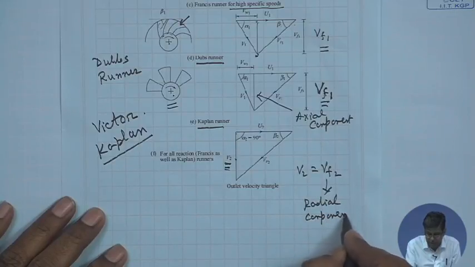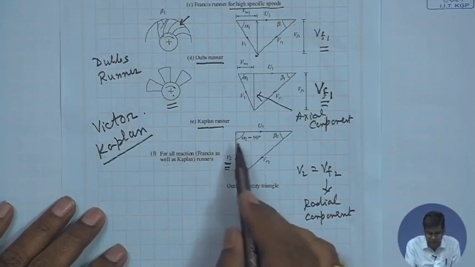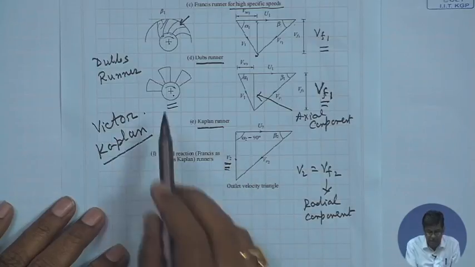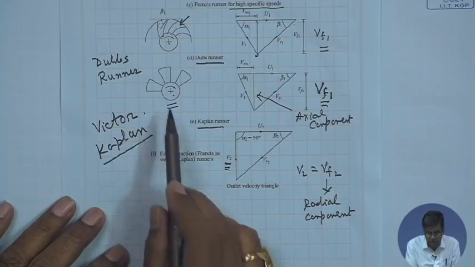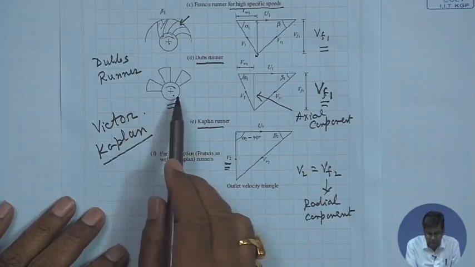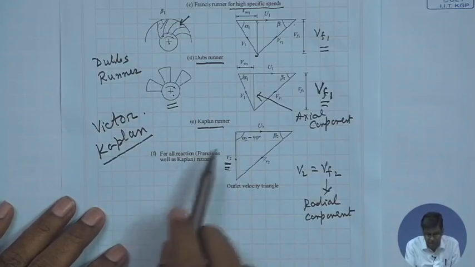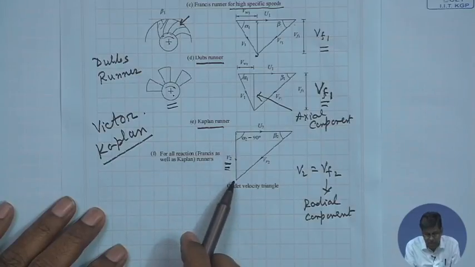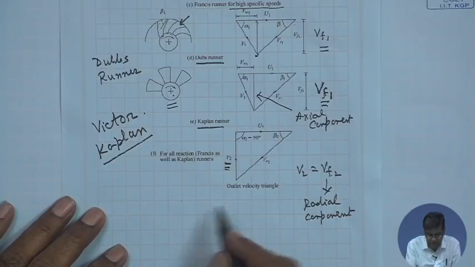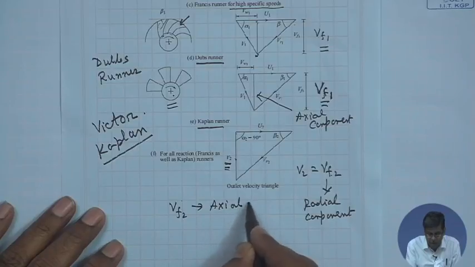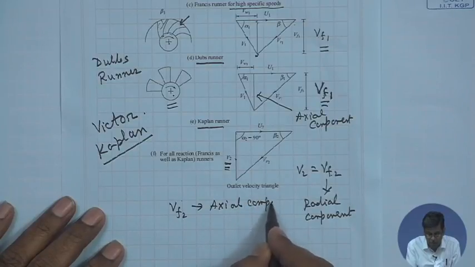Whereas in the case of the Dove's runner, the outlet is axial, and in the case of the Kaplan runner, a purely axial flow turbine, inlet and outlet are both in the axial direction. So this absolute velocity, equal to the flow velocity, for Kaplan and Dove's runners, Vf2, is the axial component.